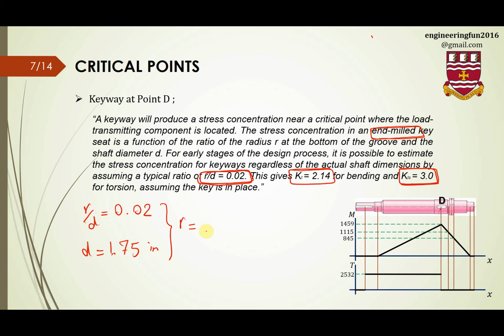The radius will be 2% of d, which will be 0.035 inches. And KT is 2.14 and KTS is 3.